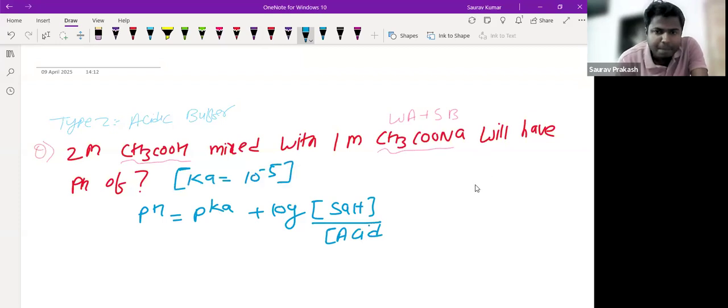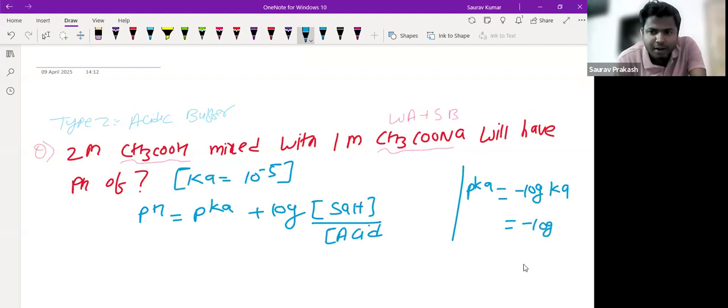So pKa equals minus log Ka. So it becomes minus log 10 raised to power minus 5. It becomes 5. So pH will be 5 plus log. What is the concentration of the salt? It is 1. And the acid is 2.